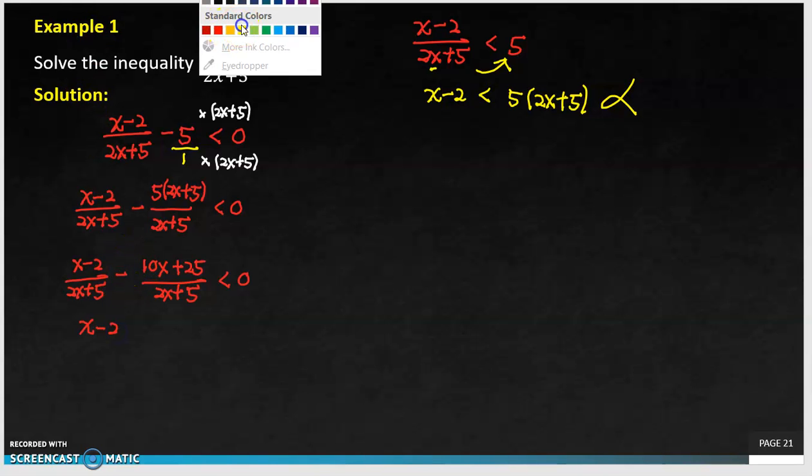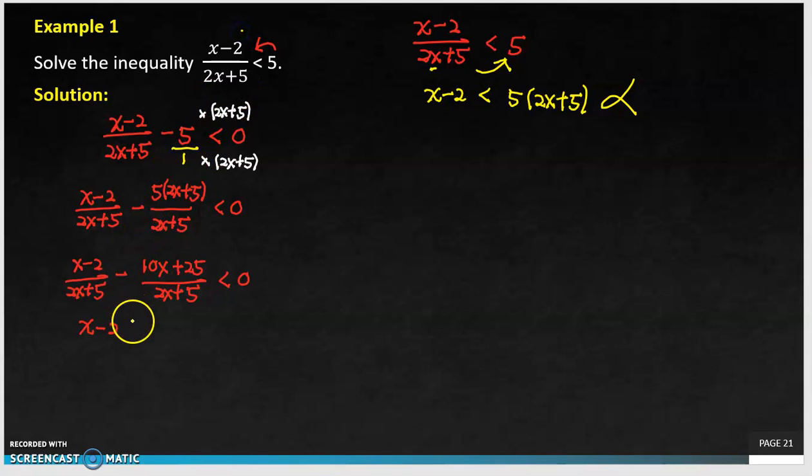Now from here it will become negative 10x, negative times positive, negative times positive will become negative 25, over 2x plus 5 less than 0.